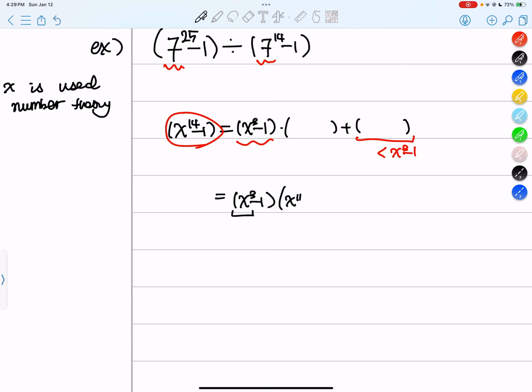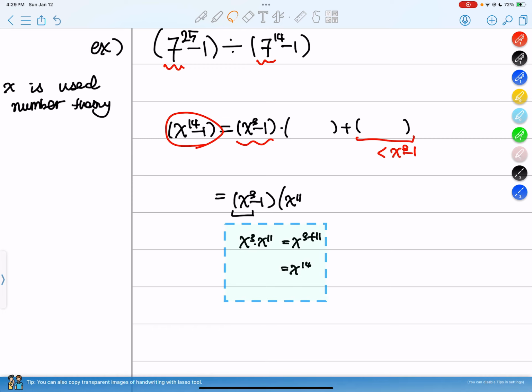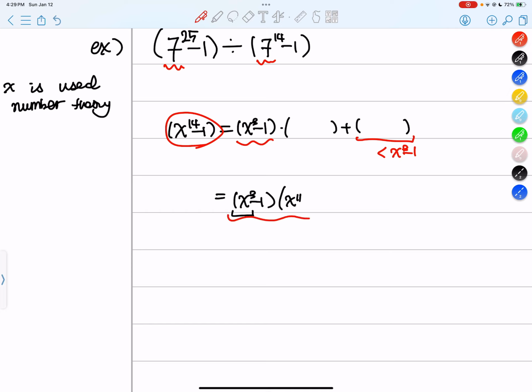Because 3 plus 11 equals 14, and it becomes this. So, okay, so I'll do that. And then what happens if I do that? Well, I would get, just from this, x to the power of 14, but I would also get x to the power of 11. Okay, but that's not the equation I want. So I'll figure out a way to get rid of x to the power of 11.